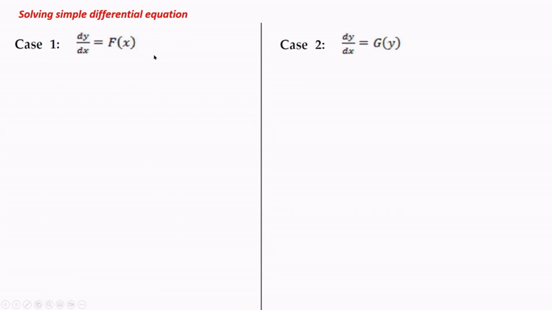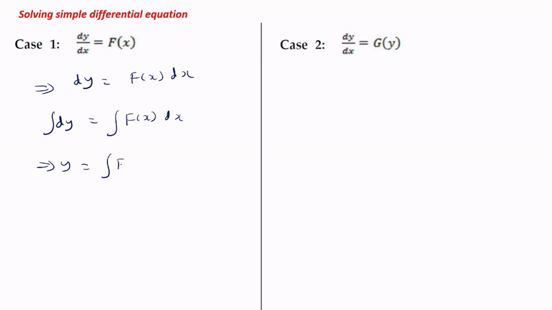Next topic is solving a simple differential equation. If the given differential equation is of the form dy by dx is equal to f of x, then we can write this as dy equal to f of x dx. Now this we can integrate. So integral dy will be integral f of x dx, or we have y is equal to integral f of x dx plus some constant c.